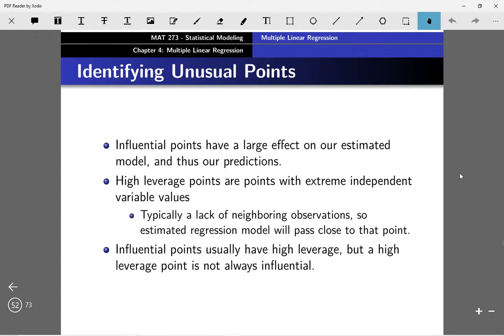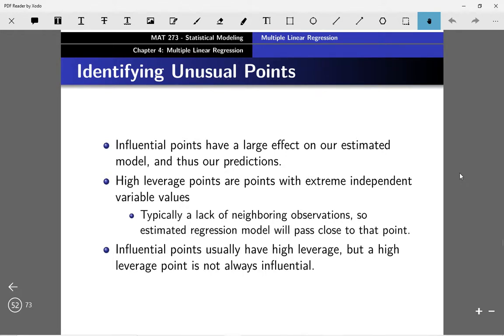If points are highly influential or extreme outliers, then lots of times that normality assumption is not valid, which invalidates confidence intervals and p-values for our regression model. We can always still fit a regression model no matter what. Nobody's going to stop us from doing that. It's just our statistical inference might not be valid anymore.